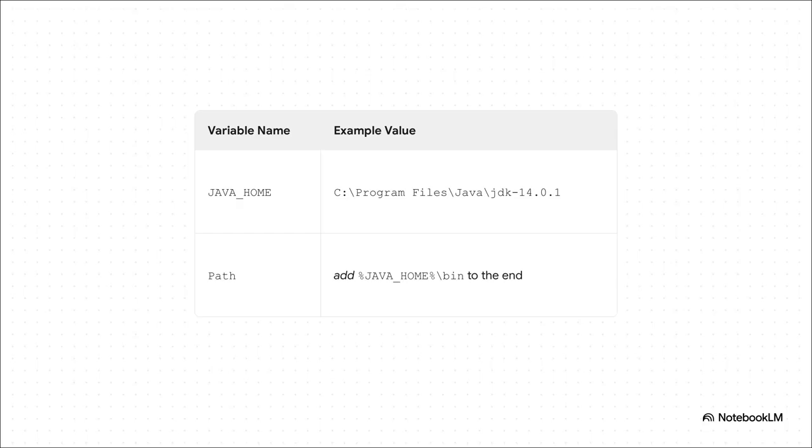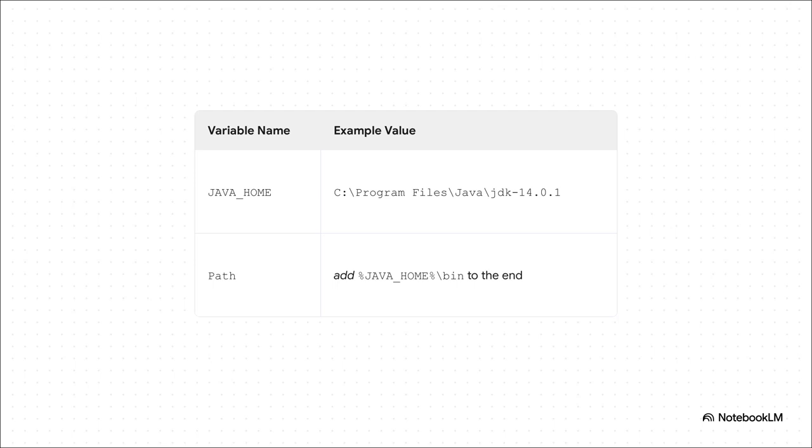All right, once you're in that window, we're going to do two simple things. First, under System Variables, we're going to create a new one. Call it JAVA_HOME, all caps. For the value, you're going to paste in the path to your Java JDK folder. Something like C:/Program Files/Java/jdk something. Step 2, find the variable that's already there called Path.